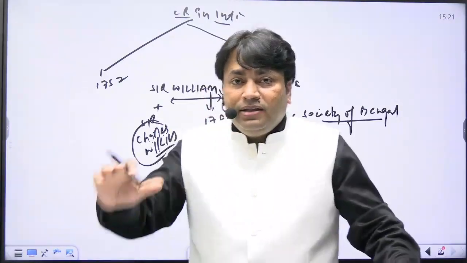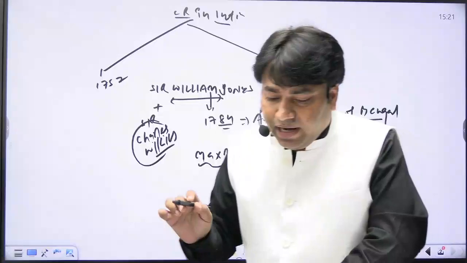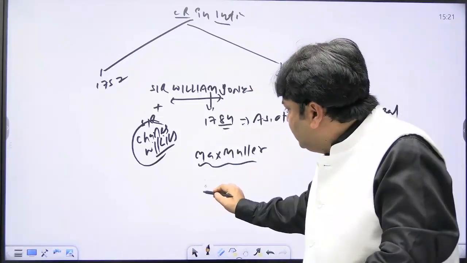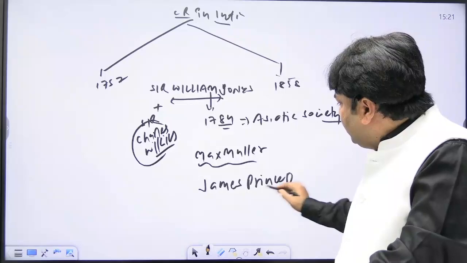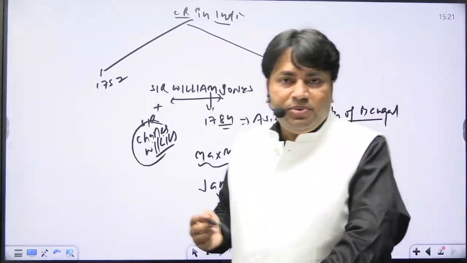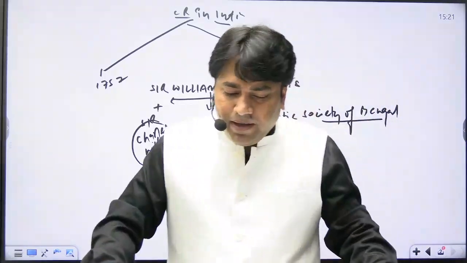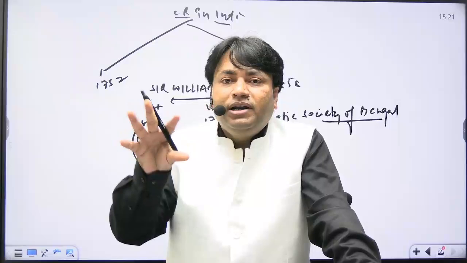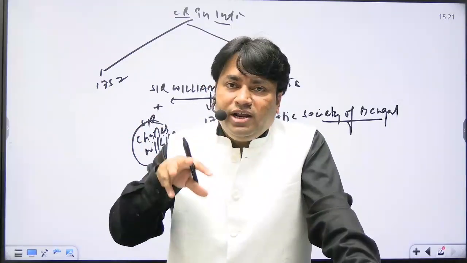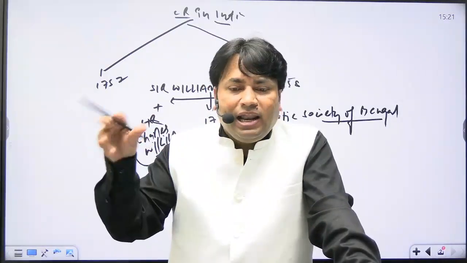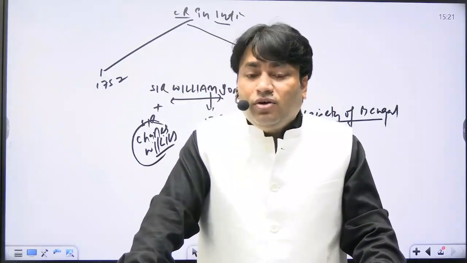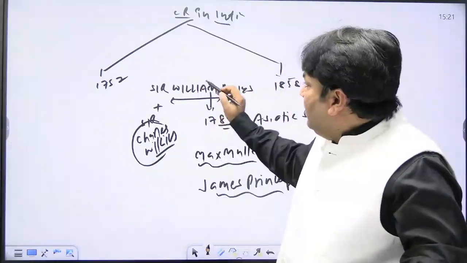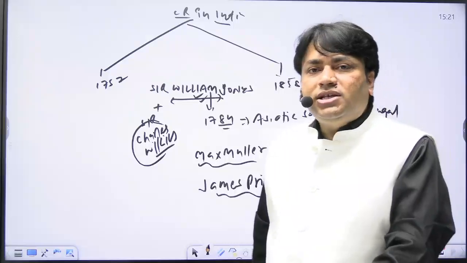In the same way there is another name, and the name of that person is James Prinsep. This name is also very important. What did James Prinsep do? He was a company official who was working in a mint at Calcutta, and he was also the secretary of the Asiatic Society of Bengal, which was established by Sir William Jones.